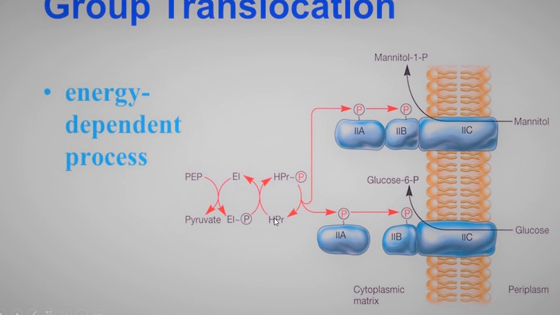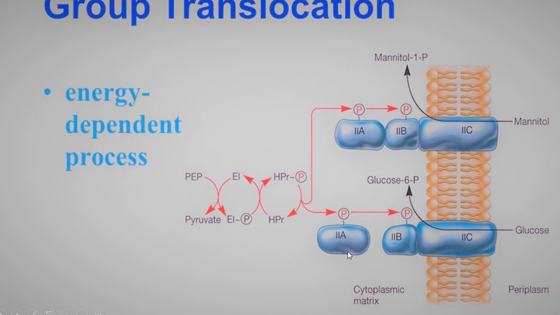Now this HPr also gets excited by having the energized phosphate group. This HPr will be carried by the component of E2 that is freely present in the cytoplasm, that is E2A. And now the phosphate from the HPr is taken up by the enzyme 2A subunit.